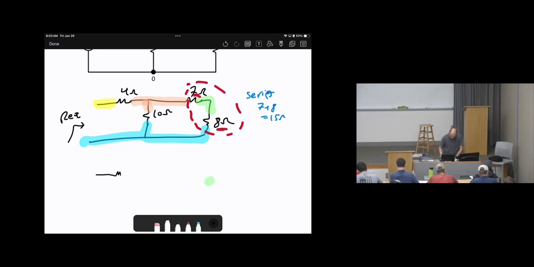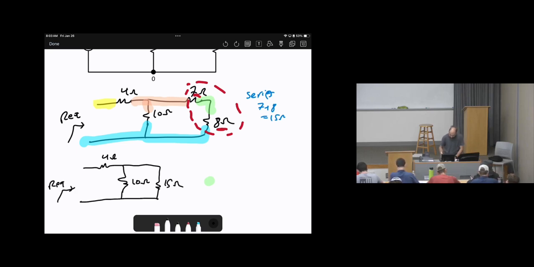So here is 4 ohms. Here is 10 ohms. Then the new resistance, which is the 15 ohms. Then relabel the nodes. We need to find our equivalent.